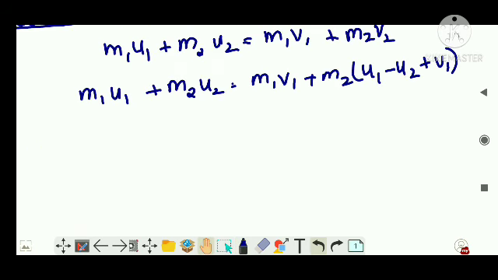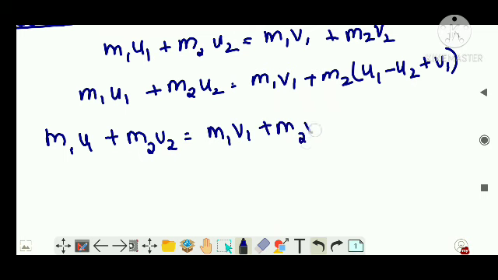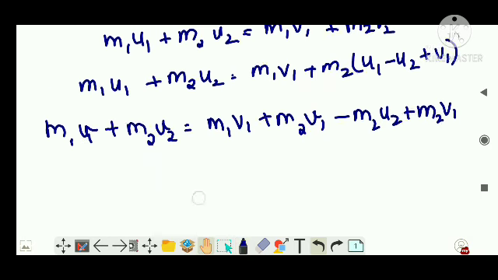Removing the bracket: m1 u1 plus m2 u2 is equal to m1 v1 plus m2 u1 minus m2 u2 plus m2 v1.